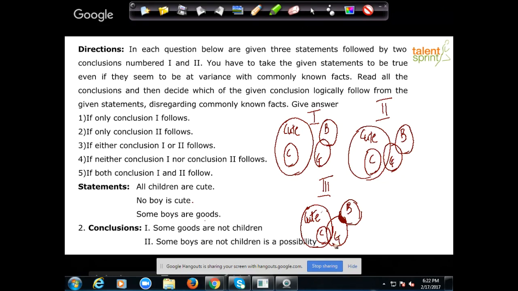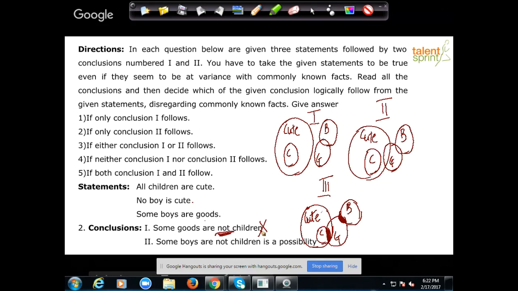We know that some goods are actually children. From this part of the diagram, we can easily conclude that some goods are actually children. So this is a clear negation of what the conclusion says. Therefore, this conclusion does not hold true. So I hope Sheikh and Ganesh, it is clear.